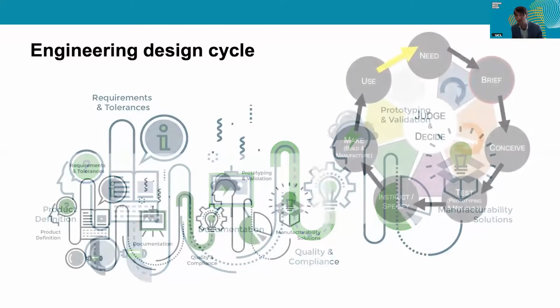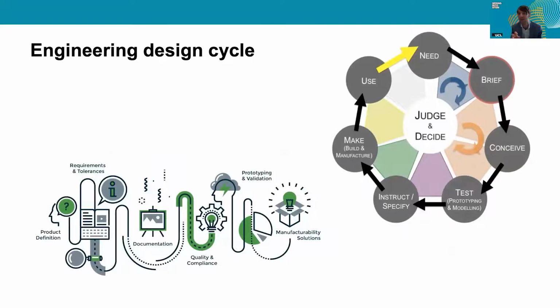But ultimately, we learn these kind of skills here at UCL because a lot of this boils down to the engineering design cycle, which is shown here, where you're going in an iterative fashion around this kind of structure that is there to help guide you, where you go from the need to the brief, to the conceive phase, the testing phase, the instruction and specification phase, the make phase, the testing phase, the use phase, and then potentially through further iterations until you finally have a product that really is fit for purpose.